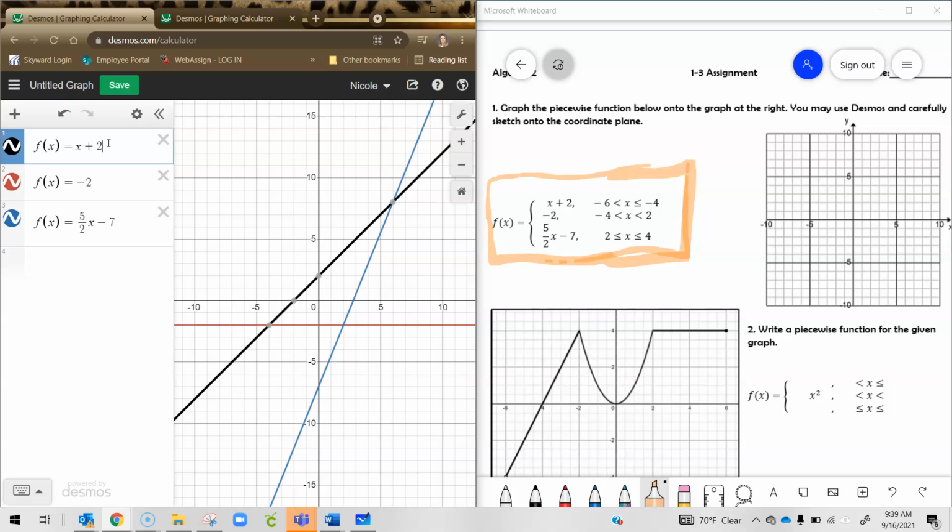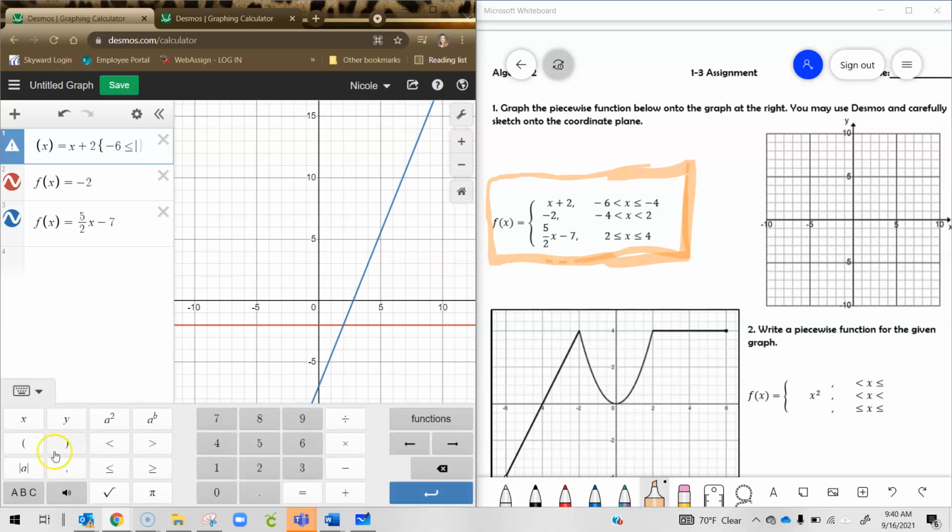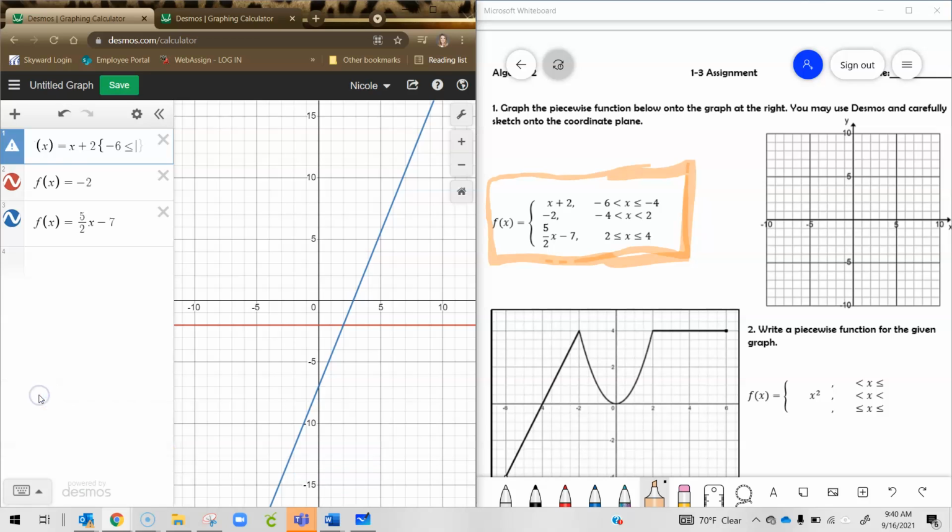to show up. And so we use the squiggle brackets and we type in the domain exactly as you see it, -6. If you use the less than symbol and then hit the equal sign, it changes it to a less than or equal to, or you can use the keypad down here to get those symbols. So we are going to type each domain in behind every function.